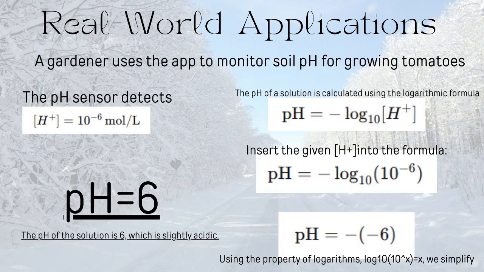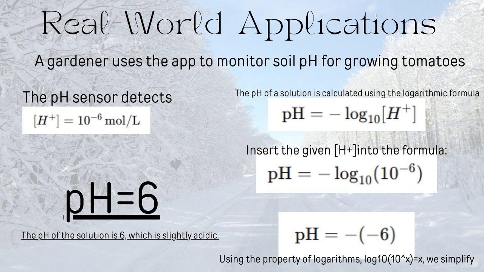Okay. So, we use in this situation the real-world applications of logarithms. The situation is a gardener uses an app to monitor soil pH for growing tomatoes. This app is used by plantitos and plantitas to detect the pH level.